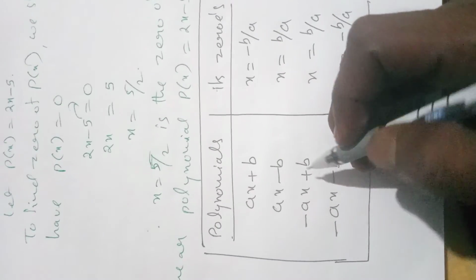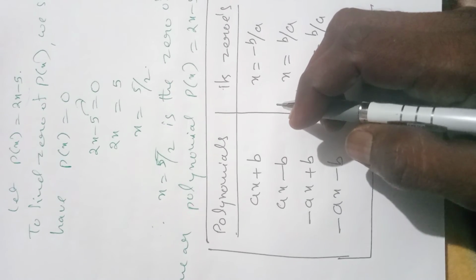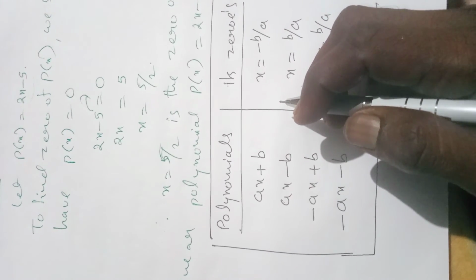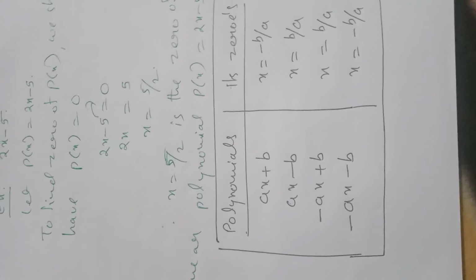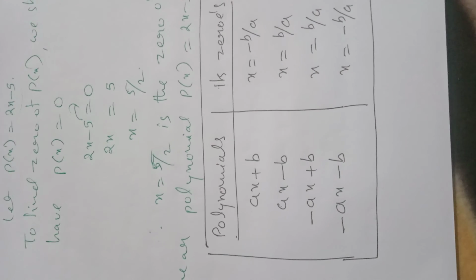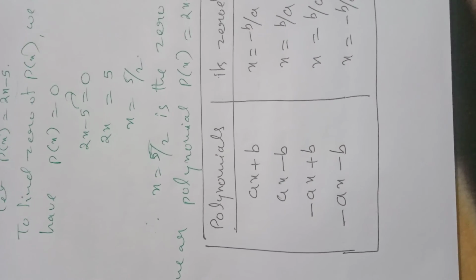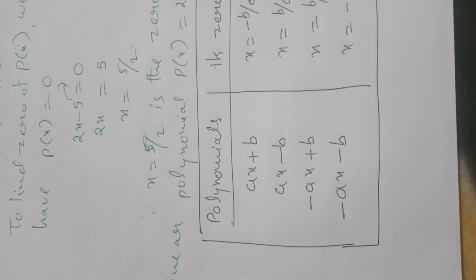Suppose I want to find the zeros of a quadratic polynomial, for that two zeros will exist. Why? Because its degree is 2. The general form of a quadratic polynomial is ax square plus bx plus c, its degree is 2. That's why two zeros will exist.